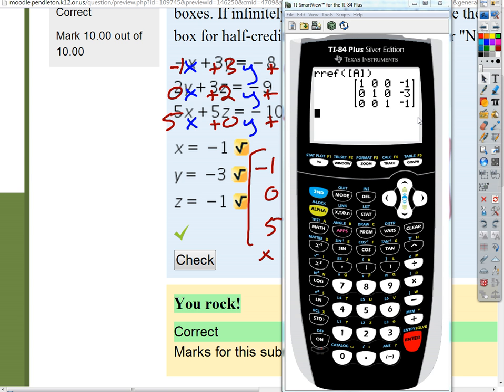Your calculator will give you some message like non-singular matrix, which means it just didn't work. There's not a single solution. They're either an infinite number or none, but it doesn't specify. This method, though, tells you which one is going on, and a lot of times we need to know which one it is, no solutions or many solutions. So let's take an example. I'll show you how to interpret this.